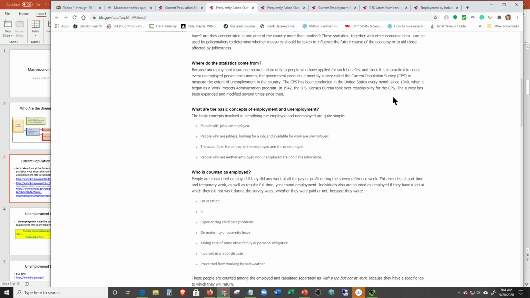The current population survey started out of the Works Projects Administration, which is part of the response to the Great Depression in the 1930s, and it started in 1940, pretty much right before the start of World War II, or at least the United States participation in that war. So let's go take a look at the methodology.